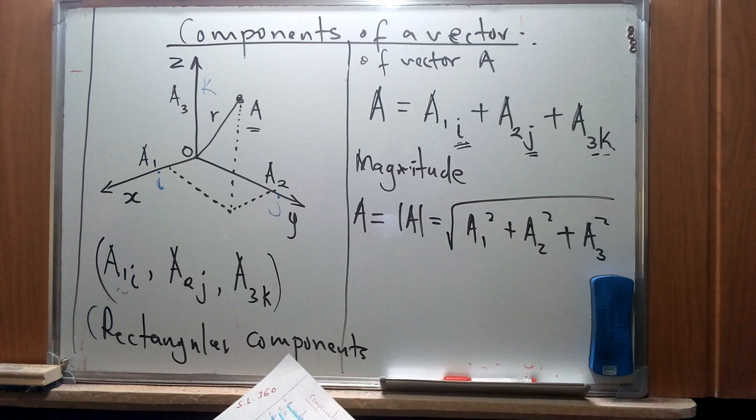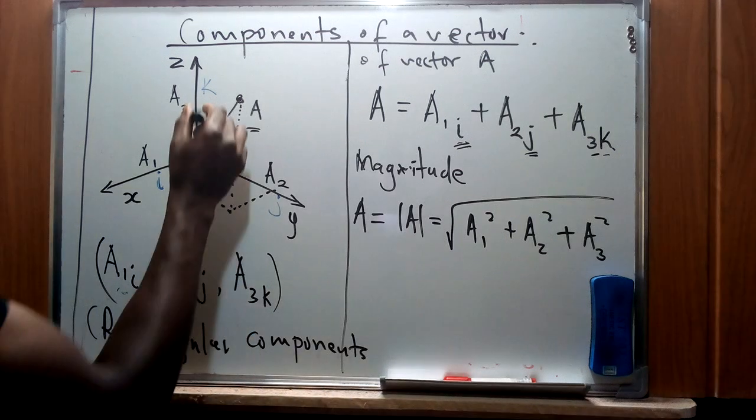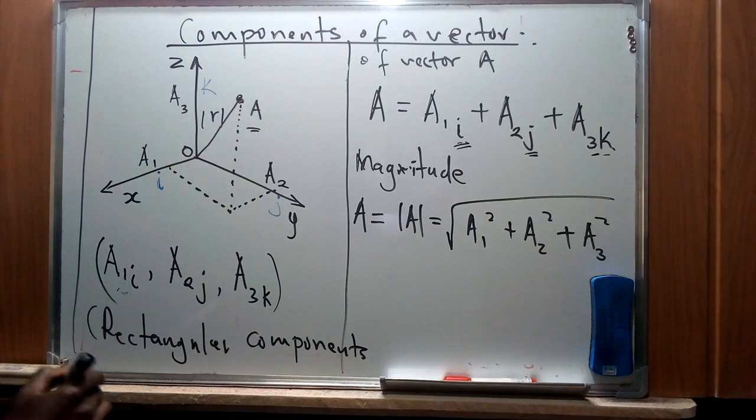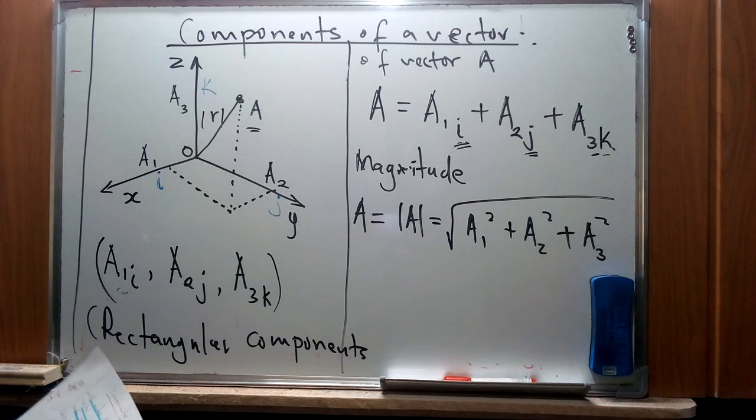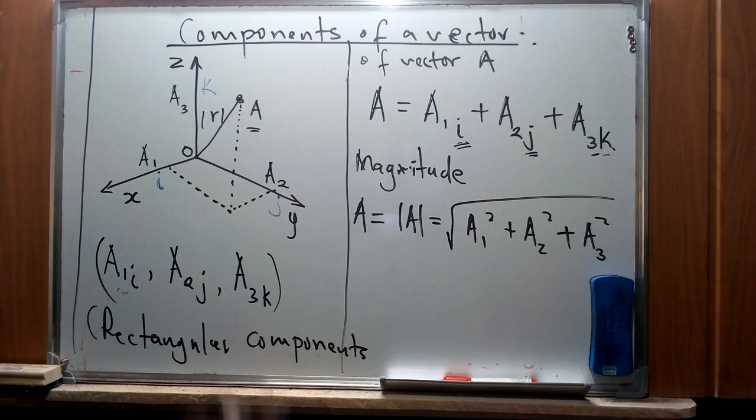So in particular, the position vector, the radius vector, which is indicated using R, is the vector that indicates the radius vector from the point of origin A in the x, y, and z direction.